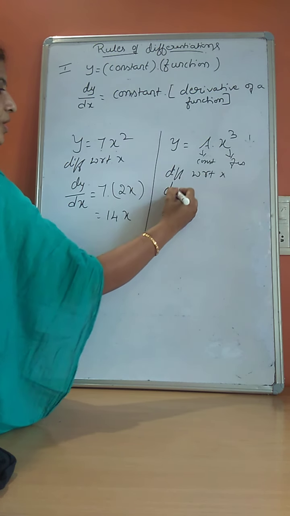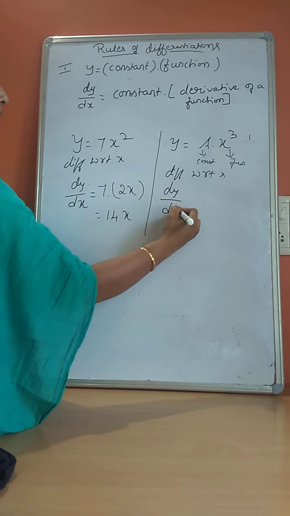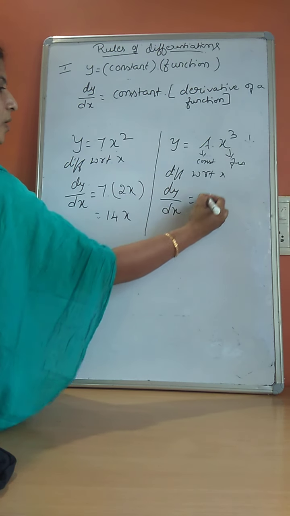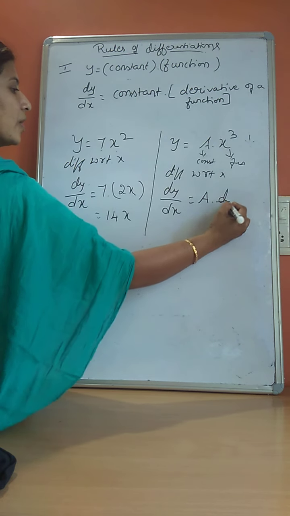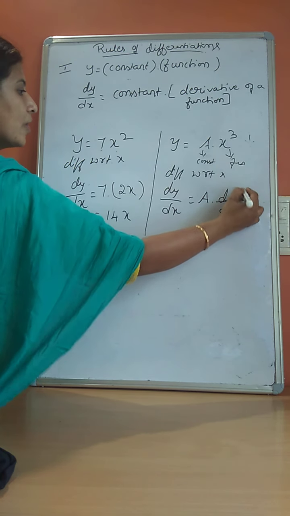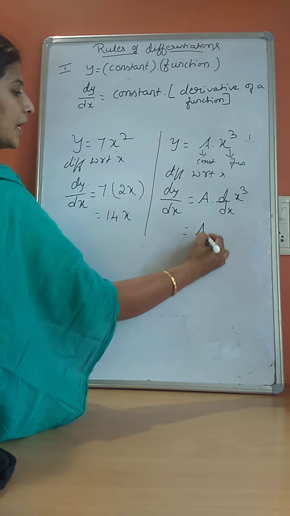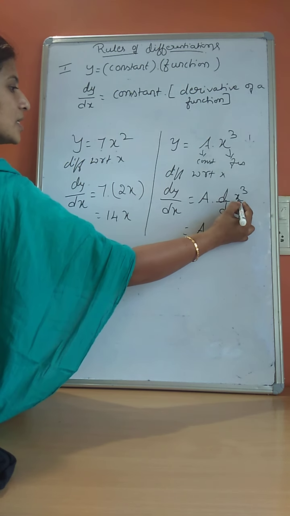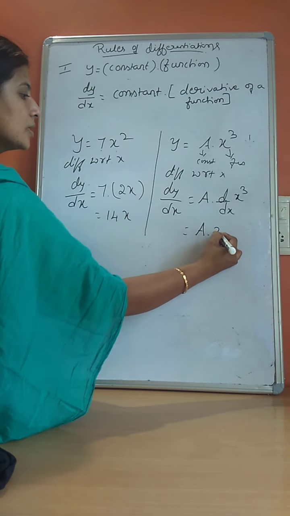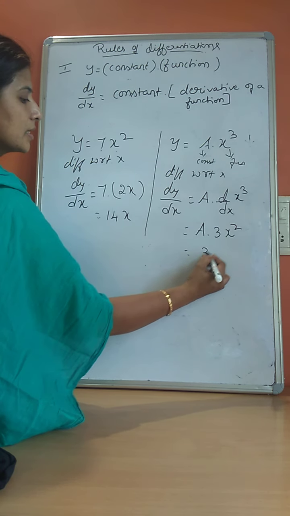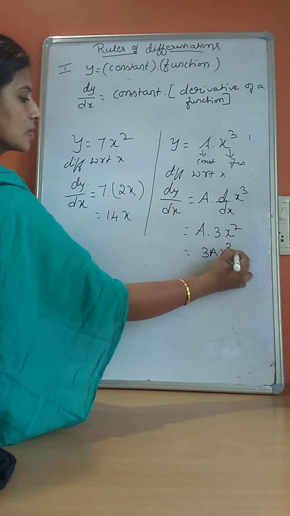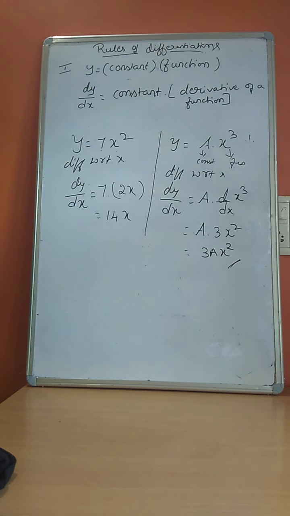We get dy by dx is equal to, keep the constant as it is, a into differentiation of x cube, which is 3 into x square. That is 3a x square, the required solution.